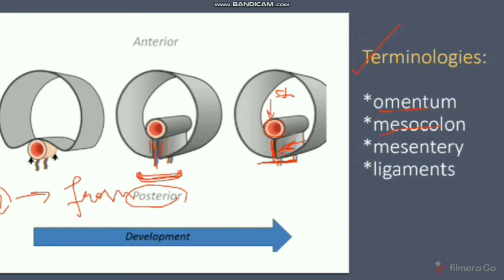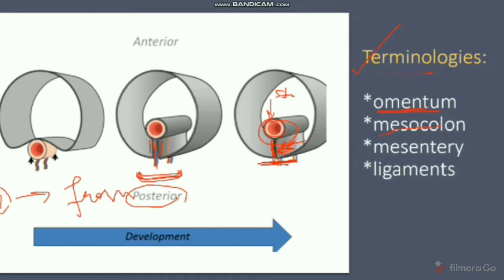One more thing you need to notice in here, that while folding upon itself, the peritoneal layers create this ligament I told you before, and this ligament is supporting the gut tube from the posterior abdominal wall. Also, I have noted down some terminologies here on the right side, and I want you to understand them. Now, this ligament in here, if it is supporting the stomach, then that ligament will be called an omentum.